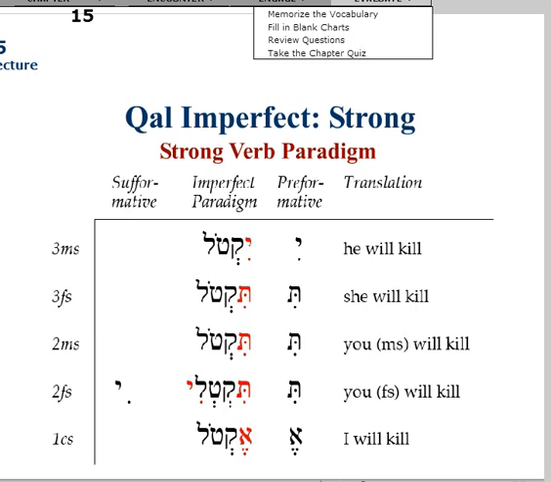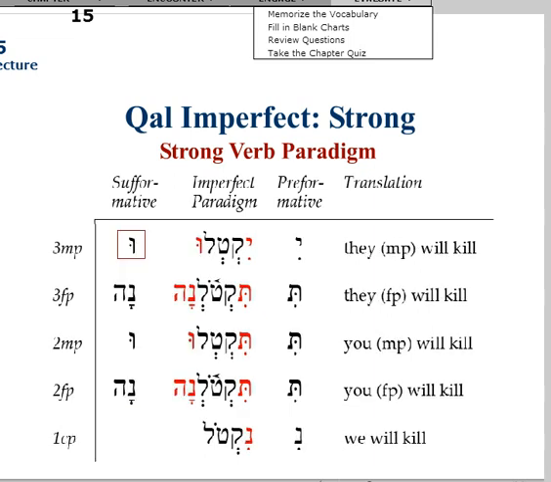Fifth observation. 5 forms of the imperfect paradigm have a sufformative. The second feminine singular has a sufformative consisting of Hirik yod. The third masculine plural has a sufformative consisting of shurik.